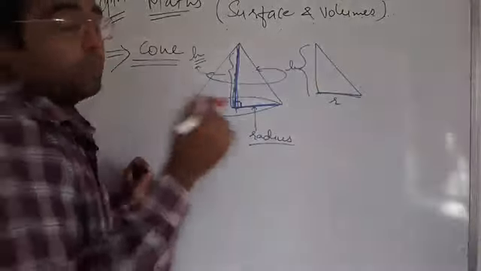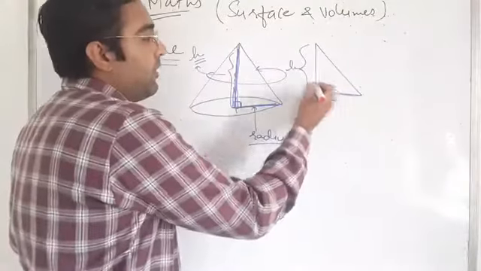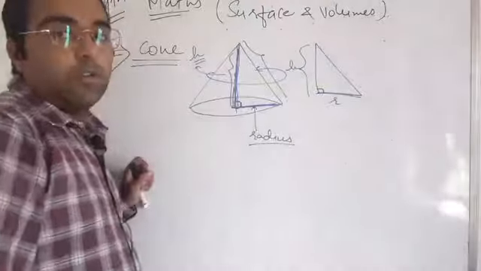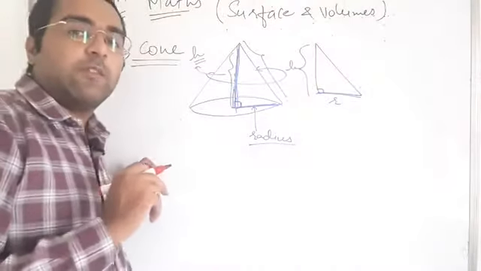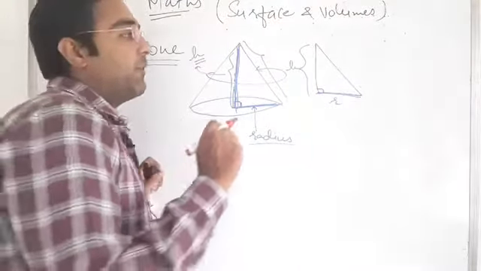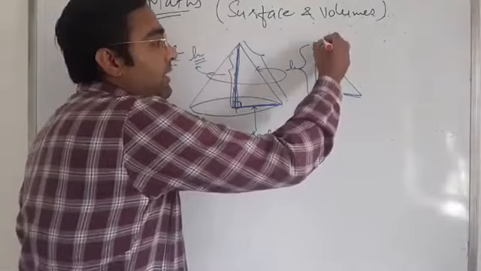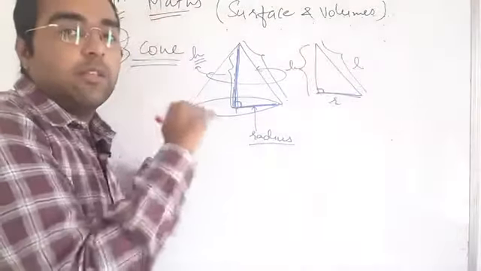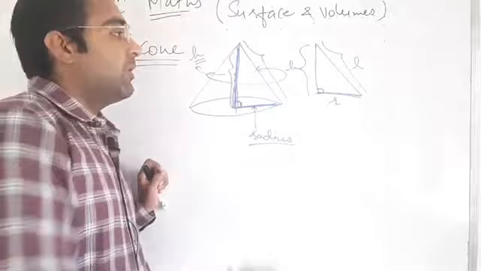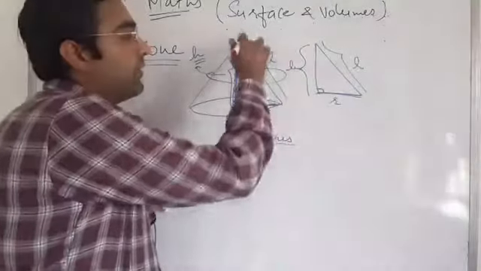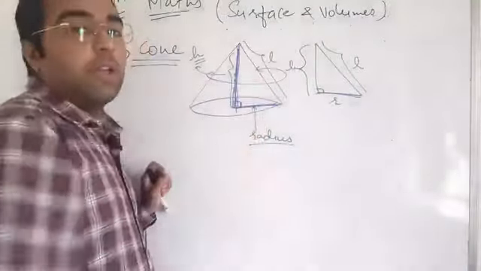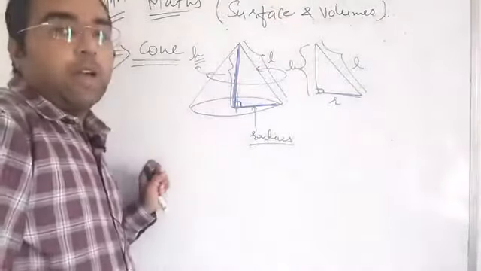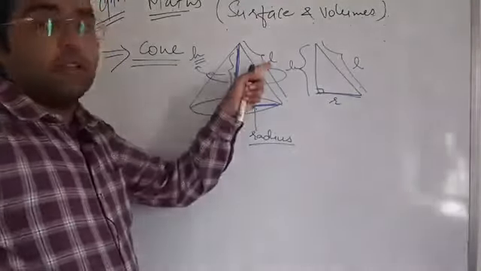So what is my hypotenuse for the cone? We have to take the hypotenuse of the cone as L, the slant height of the cone.